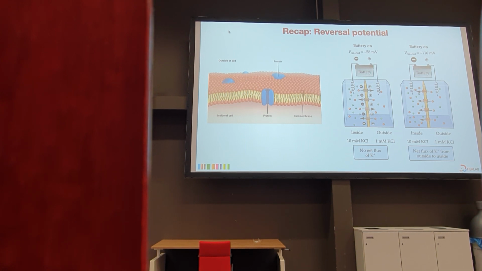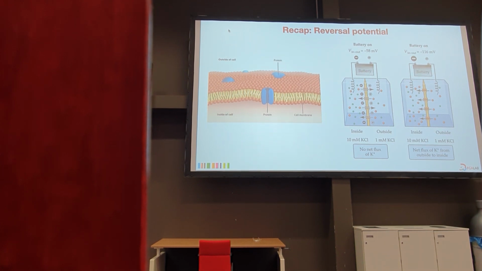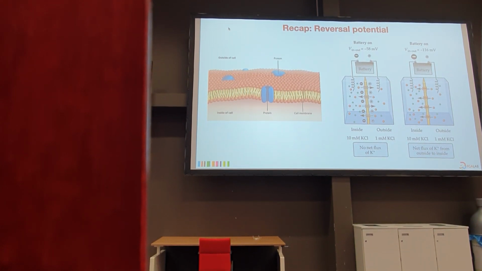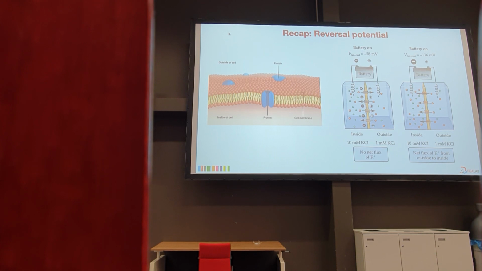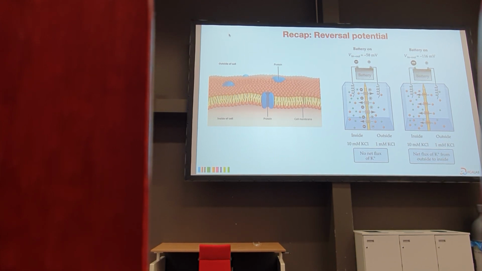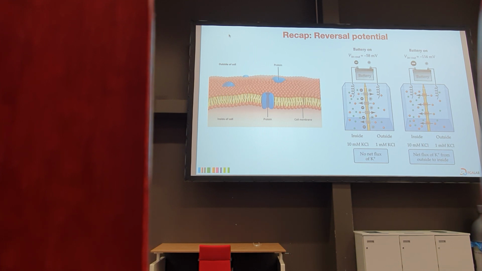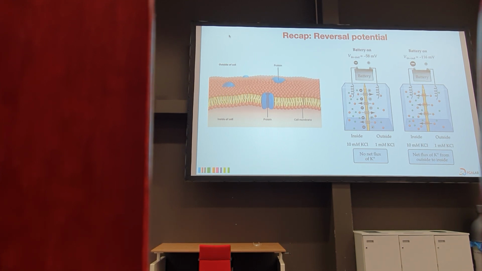If you have a membrane, like we have here, with different concentrations inside and outside, and some channels that selectively conduct, in this case, potassium ions, they will diffuse to the other side and you will start to build up a potential. That potential will generate an electrical force that will push the ions back.